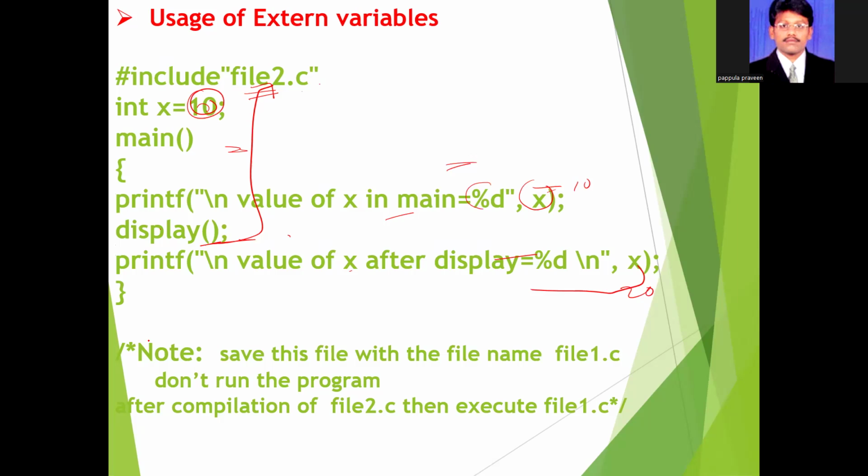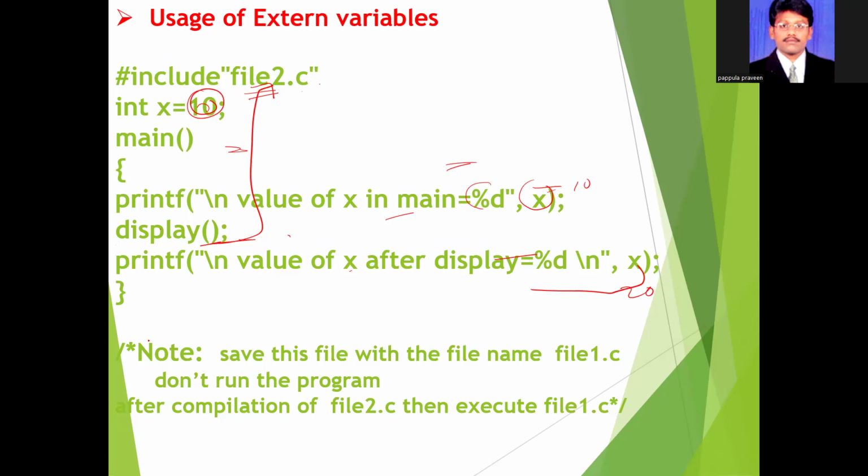The main advantage of using a register variable is that this variable is stored in CPU registers. When you access these elements, you don't need to check the memory. This variable is available from the CPU register. That is the major advantage.